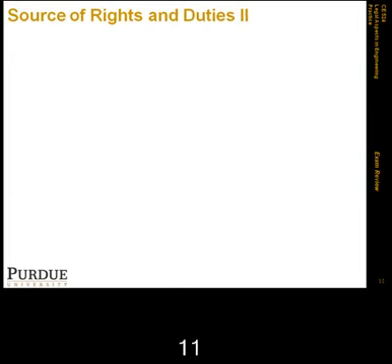So let's go into lecture number 4, which talks about other sources of rights and duties. And here we are talking about what we call judicially implied terms, where the court is basically going to come in and imply terms for us, or start putting in terms for the contract on our behalf.